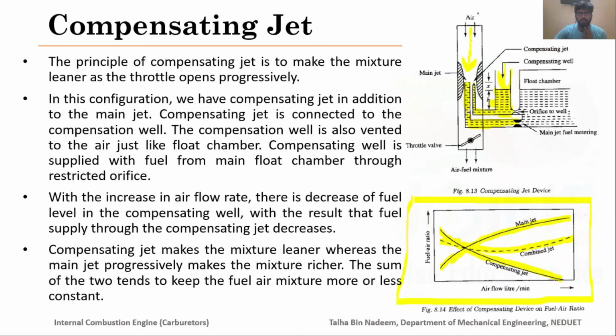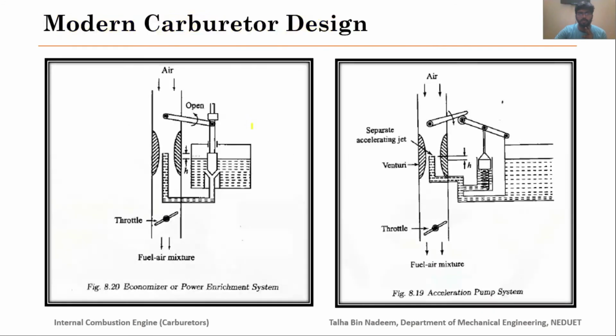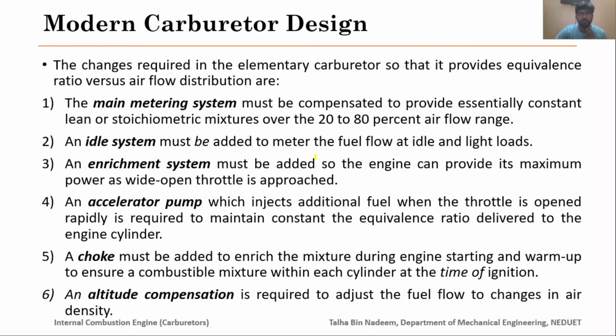So we have studied three compensating devices, additional compensating devices which are being incorporated in the modern carburetors. We started our lecture today with some additional equipment which is being incorporated in the modern carburetor, like main metering system, idling system, power enrichment system, accelerator pump, choke valve, and altitude compensation.